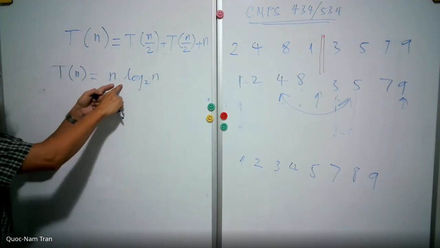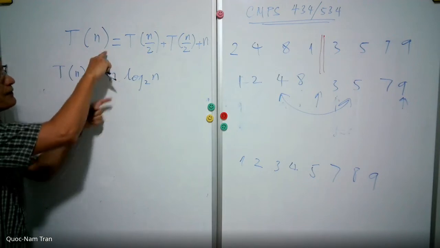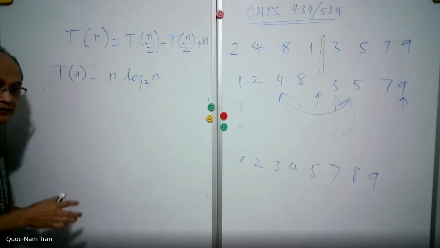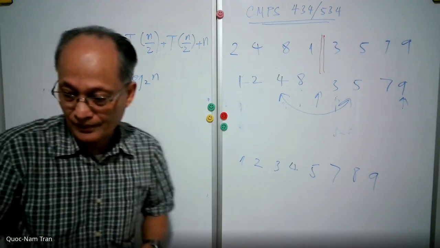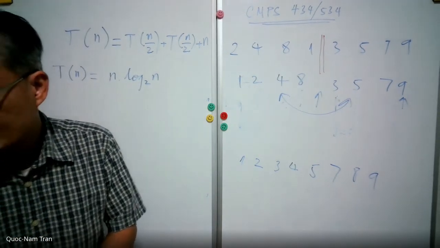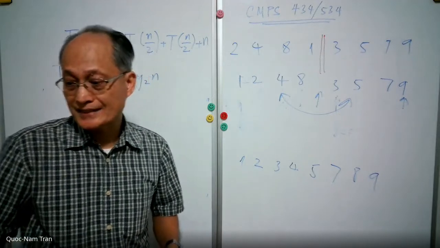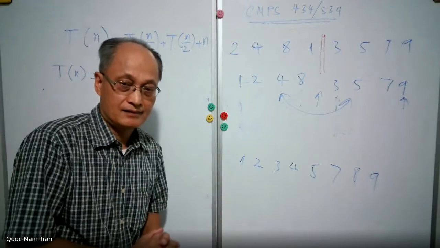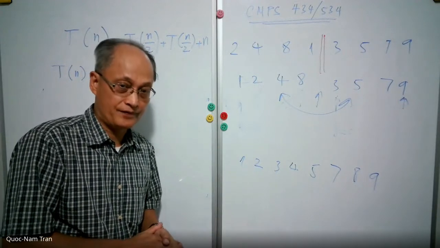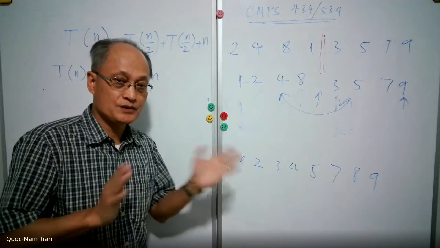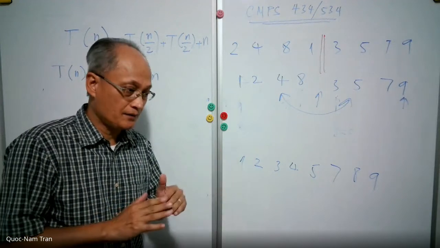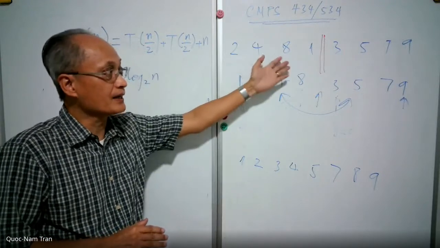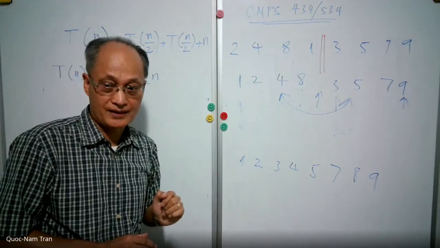So here is what I call the solution for this recurrence. Now we have to learn the next approach for analyzing the performance or complexity of an algorithm in which recursive calls are involved. So you see, we have two different approaches, one for the top-down algorithm and one for the recursive algorithm like the merge sort.